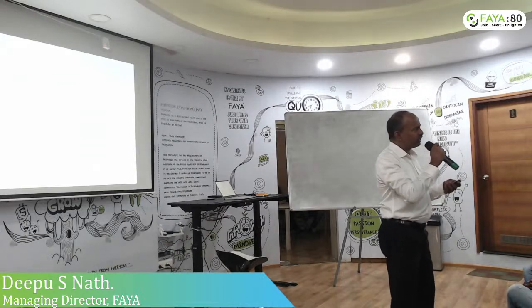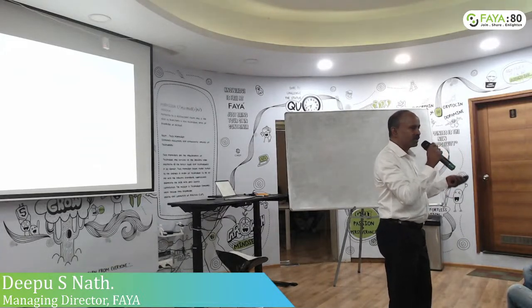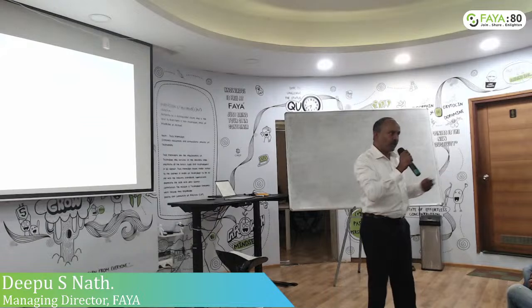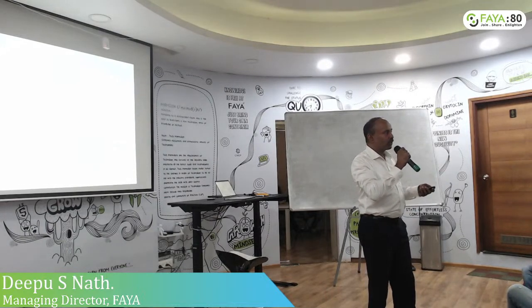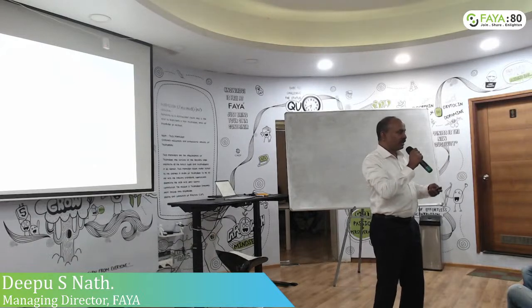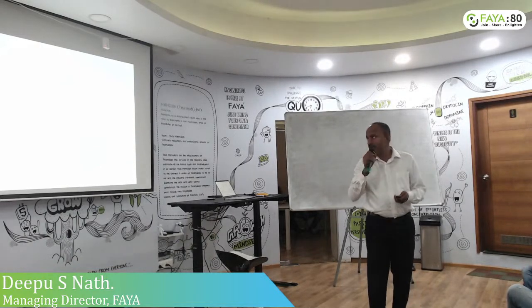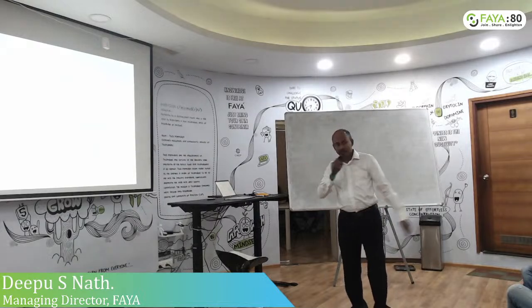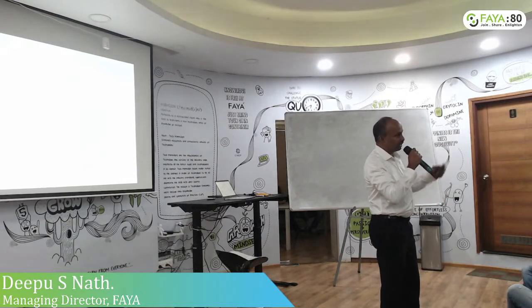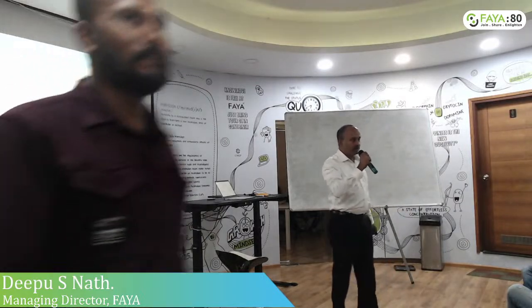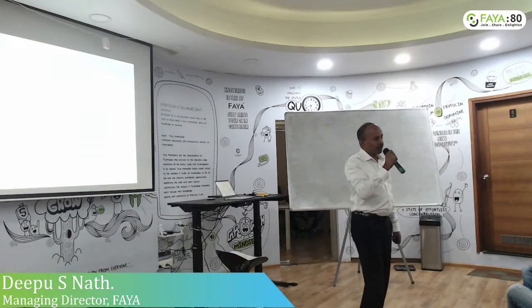Any two integers you take, 2 and 3 or 5 and 6 or 7 and 8 or 127, if you add them, you always get an integer, right? So you say that set is closed under addition. Then if you have any three integers, you can add them in any order. You can first add A and B and then add C, or add A and C first, and it won't change. That's called associative.